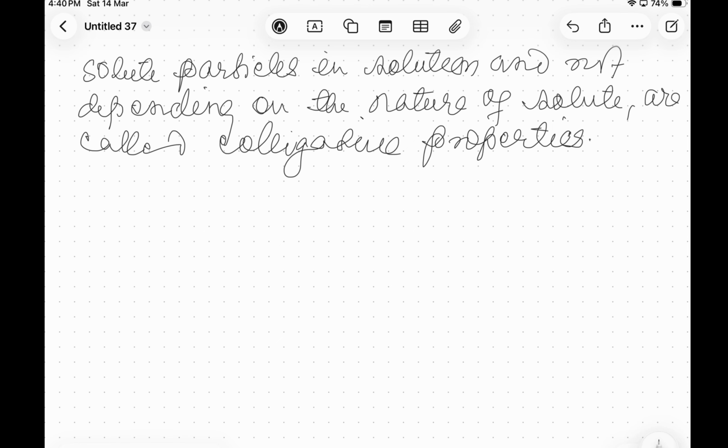What are these colligative properties? So there are 4 colligative properties.